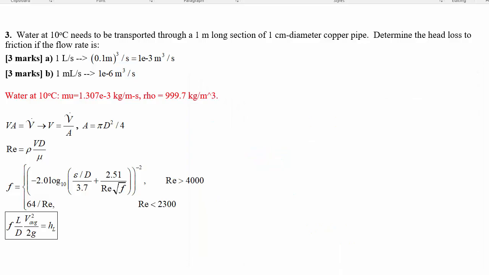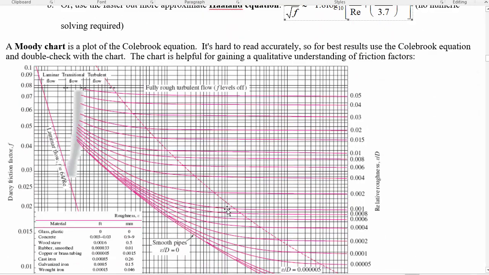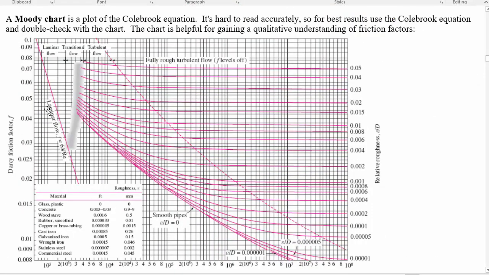Is that surprising? Well, not really. I mean, the friction factors do rise as you move further and further to the left as viscous effects become relatively more important compared to inertial effects.